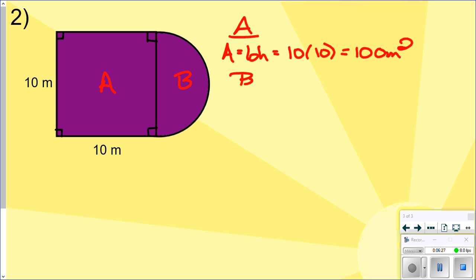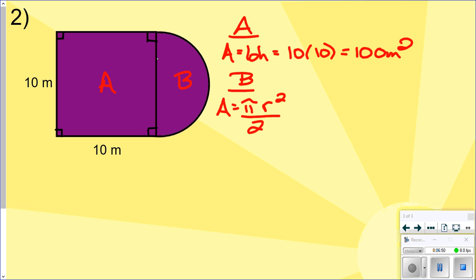Now let's look at the semicircle. The formula for the area of a circle is pi r squared. Since it's half of a circle, we're just going to divide this by 2. So pi times the radius squared, and then divide that by 2. We need the radius of the circle.